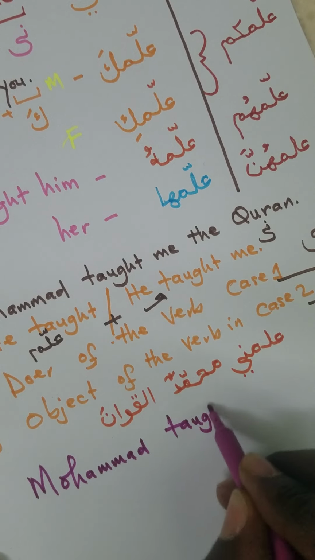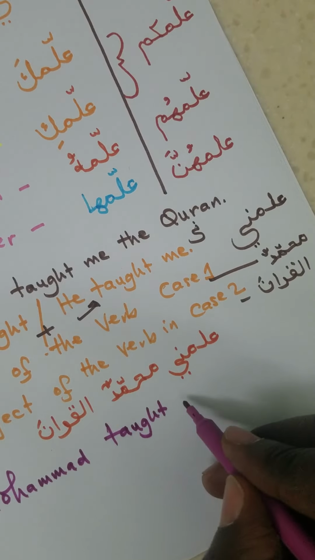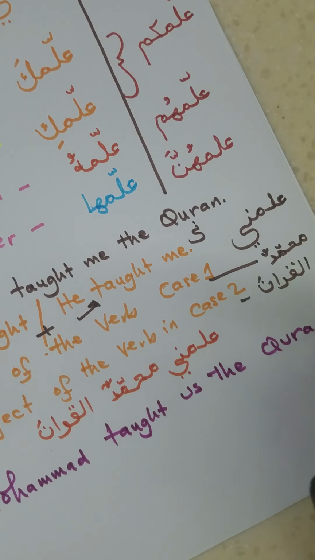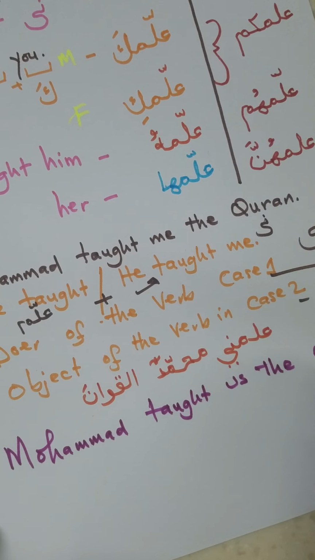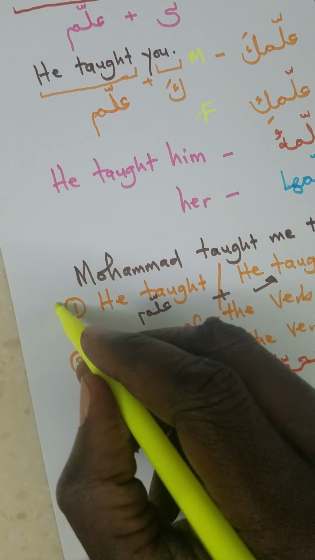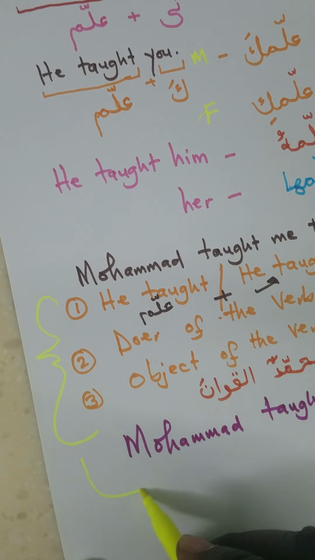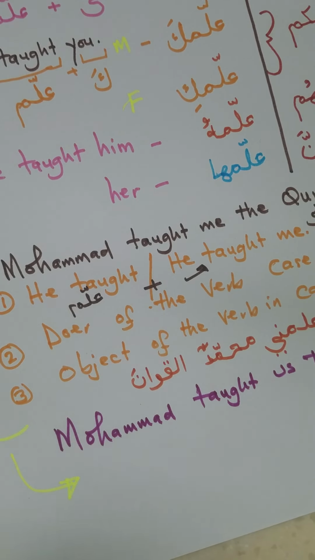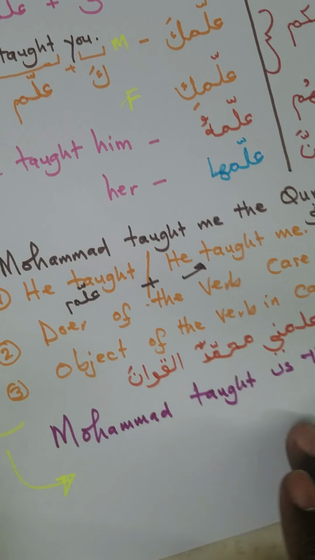Okay. So, how if it reads Muhammad taught us the Quran? Muhammad taught us the Quran. Now, using this same pattern, when you put it here, of course, Muhammad taught. He taught.